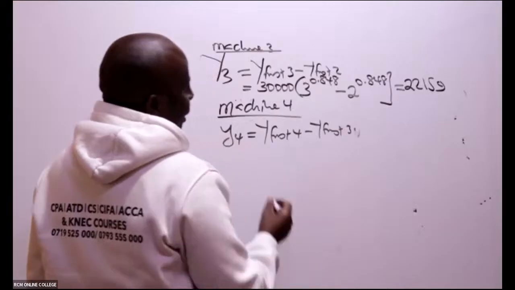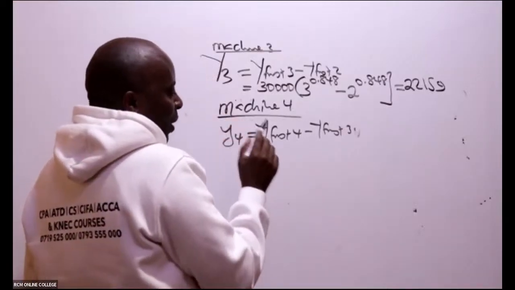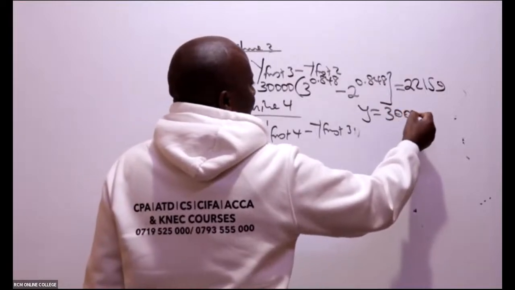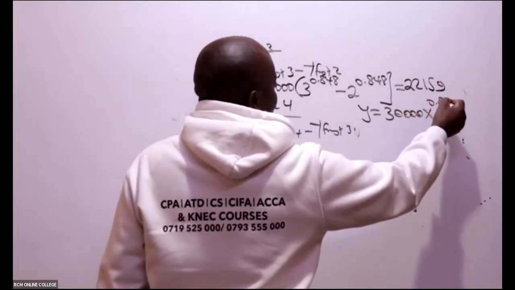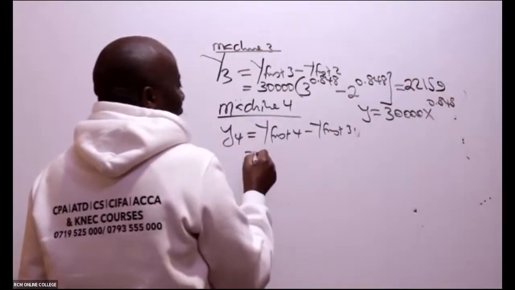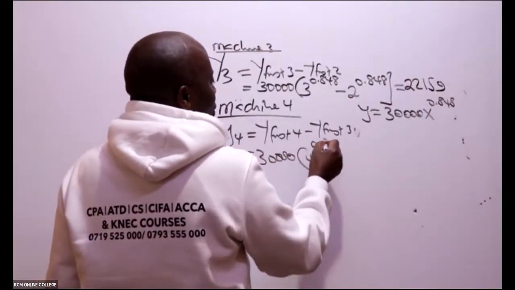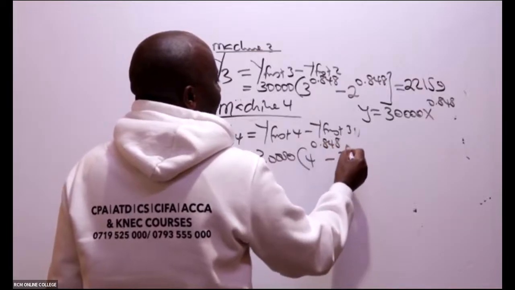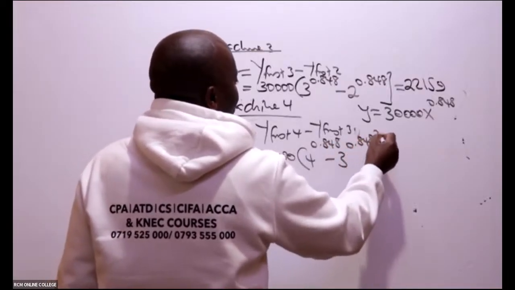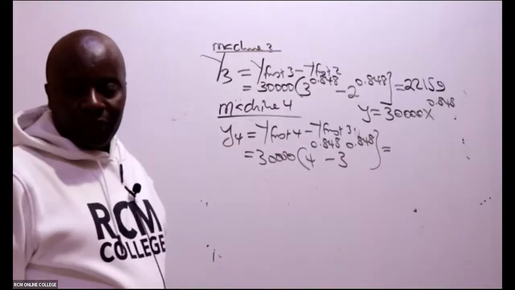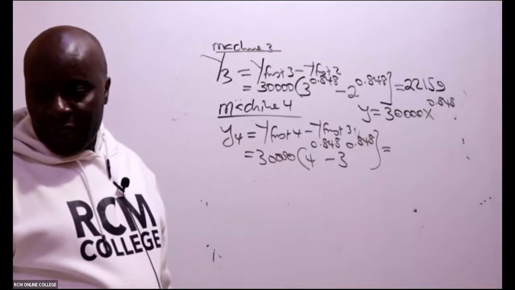Then remember our equation. Our learning equation was Y equals 30,000 X raised to 0.848. So then these will be 30,000 into 4 raised to 0.848 minus 3 raised to 0.848. So are you able to give us this answer?